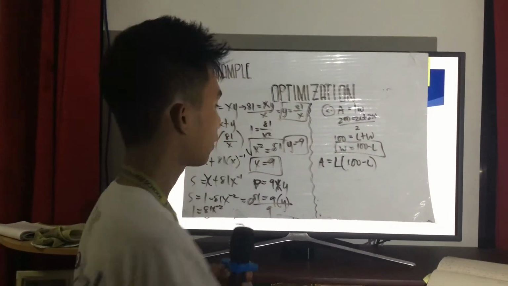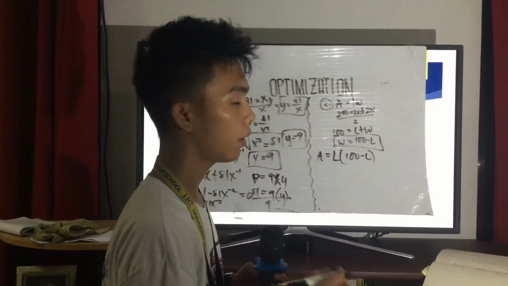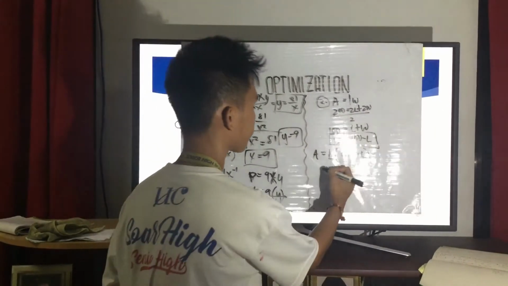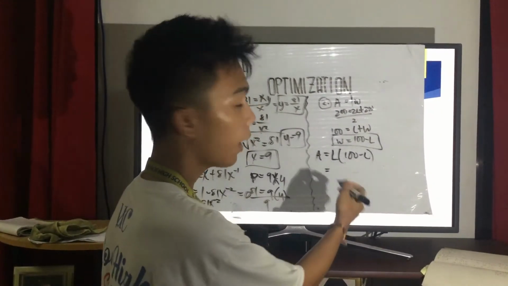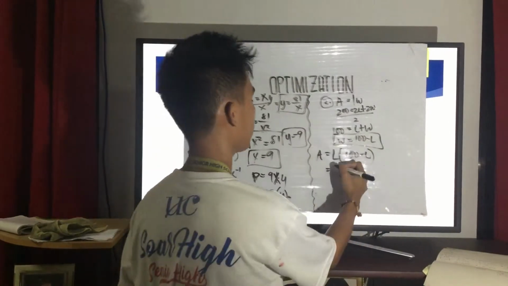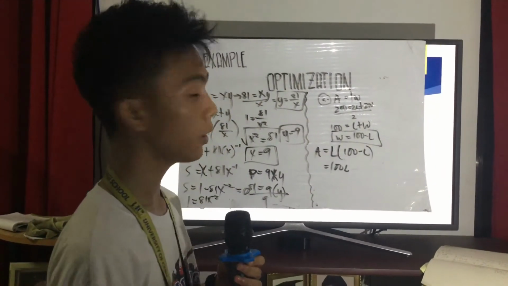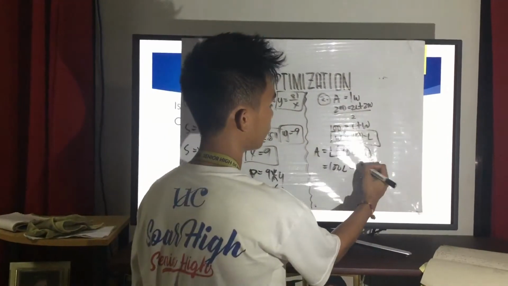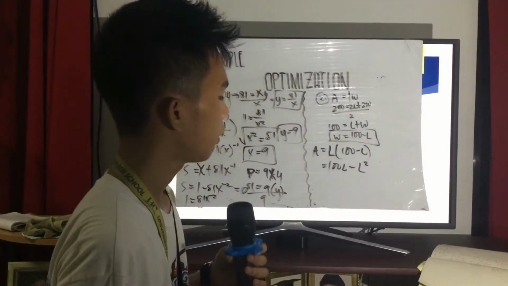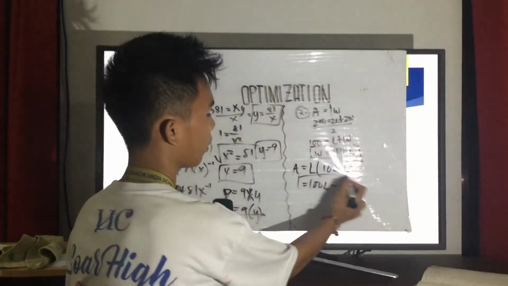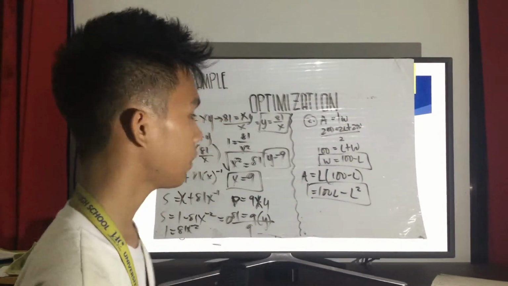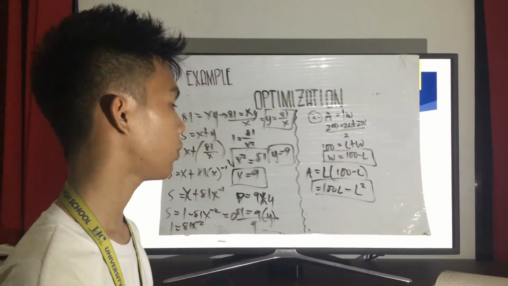From here, we will use the distribution property. L times 100 is equal to 100L, and L times minus L is minus L squared. From this equation, we will derive it, and after the derived function, we will equate it to 0.